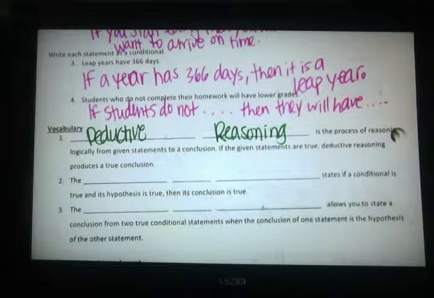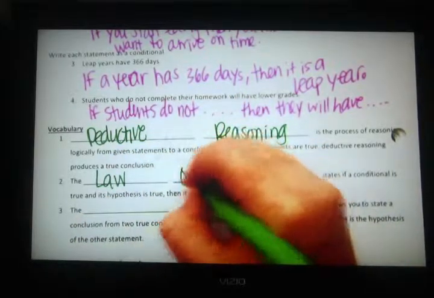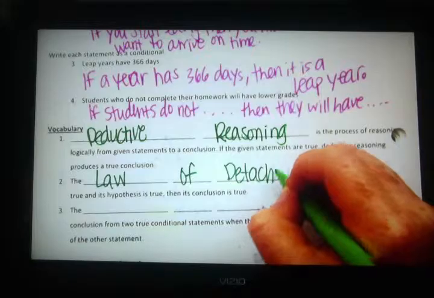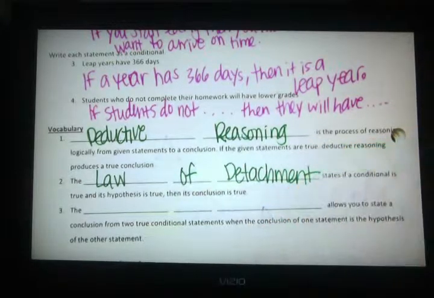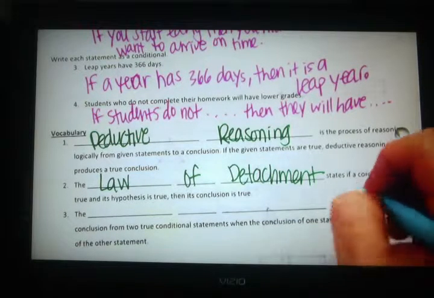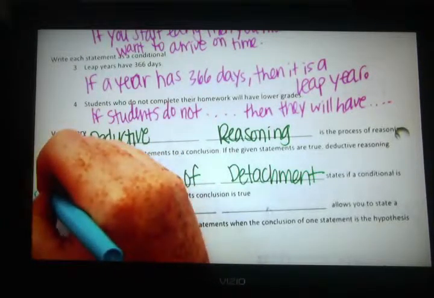So, 2 laws here today. The law of detachment states, if a conditional is true and its hypothesis is true, then its conclusion is true. Okay, so remember, your conditional has 2 parts, if P, then Q, right?